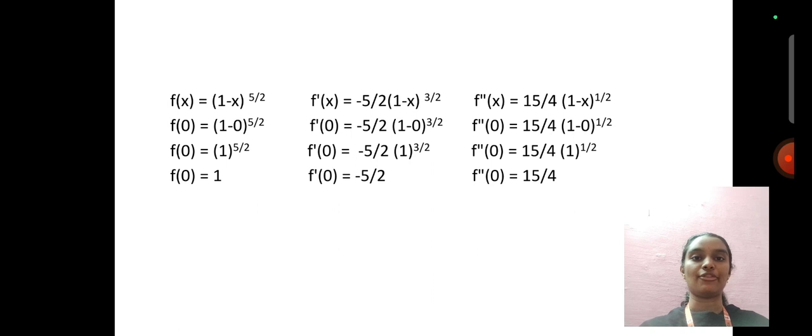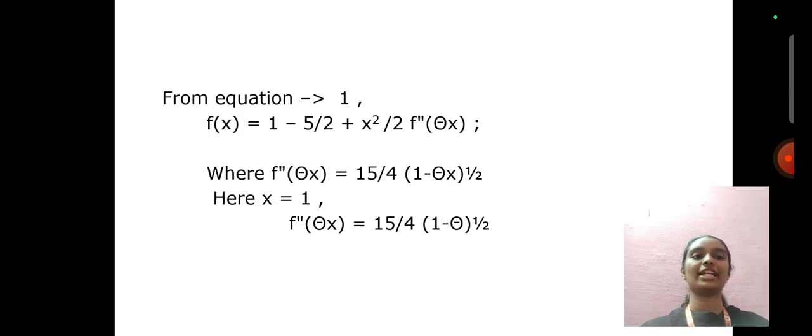Here we got f(0) = 1, f'(0) = -5/2, f''(0) = 15/4. From equation 1, f(x) = 1 - 5/2 x + (x^2/2) f''(θx).